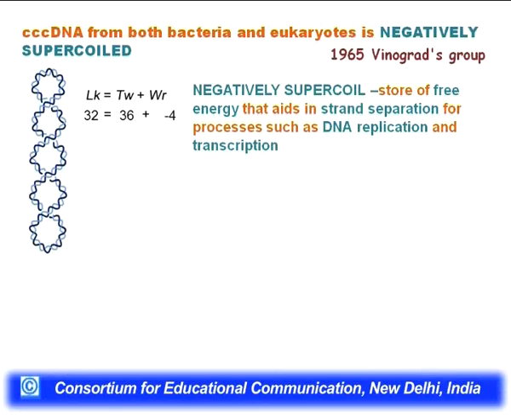But another important significance of this supercoiling, which was described in 1965 by Vinograd's group, is basically that negative supercoiling is the store of free energy, and this free energy aids in the strand separation for processes such as DNA replication and transcription. So, what does that mean?